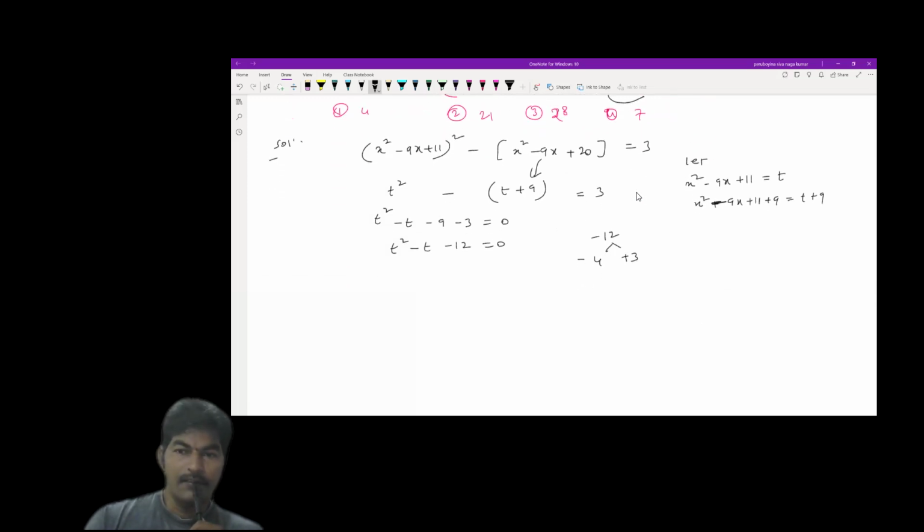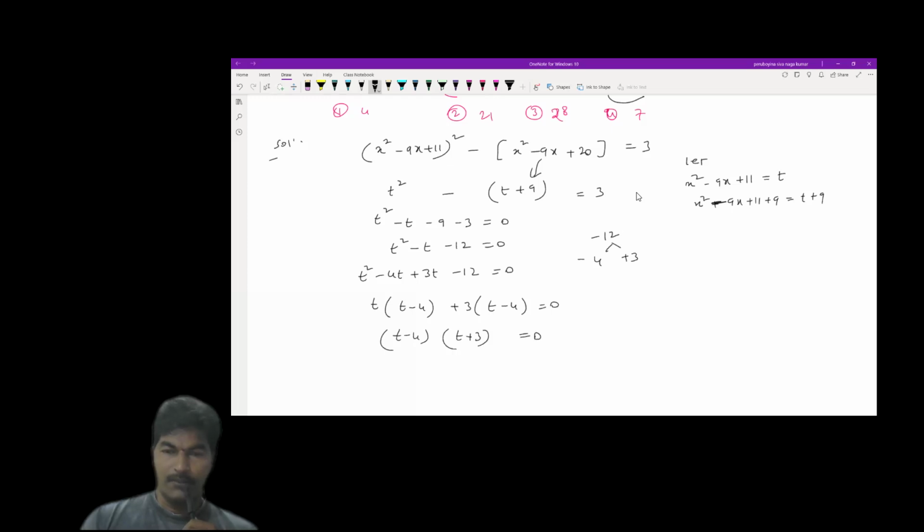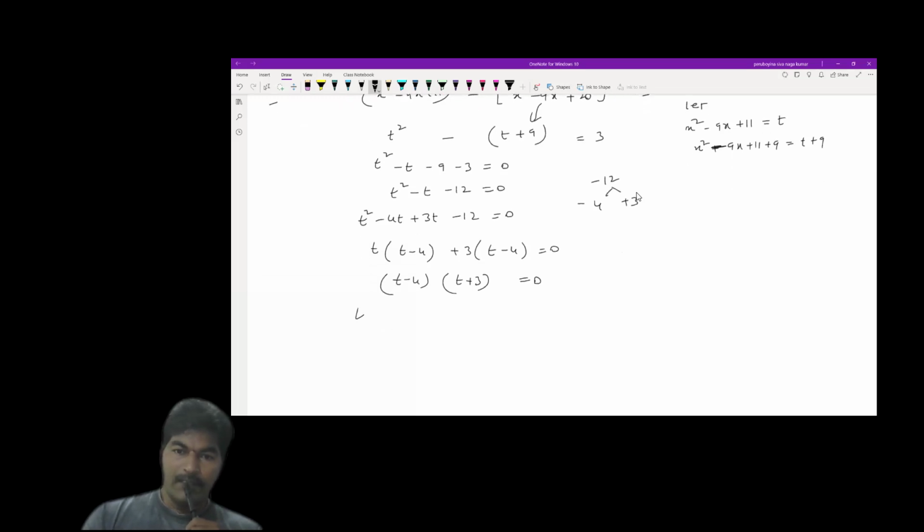Then t square minus 4t plus 3t minus 12 equal to 0. Take t common, t minus 4, plus 3 common, t minus 4 equal to 0. So t minus 4 times t plus 3 equal to 0. That means t minus 4 is equal to 0 or t plus 3 is equal to 0.